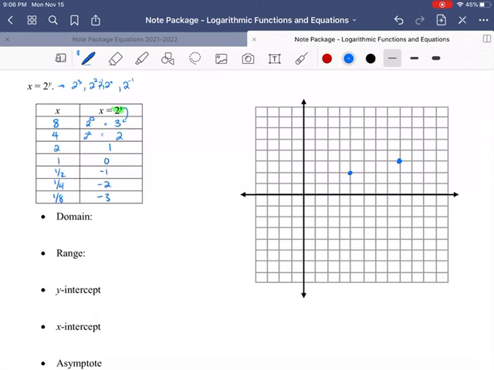And then we get 2 and 1. And we get 1, 0. Now we get half and what do we get? Half and negative 1. And then we get closer and closer to the y-axis. So let's connect our points.